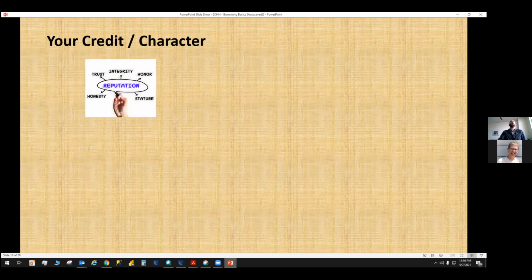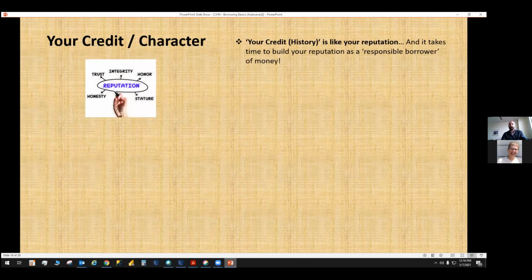So we're going to talk about credit as character. This would be more like your credit score. Credit scores range from very low numbers, 0, to 850. There are a couple of different credit score models out there. We've probably heard of things like Experian and Equifax.